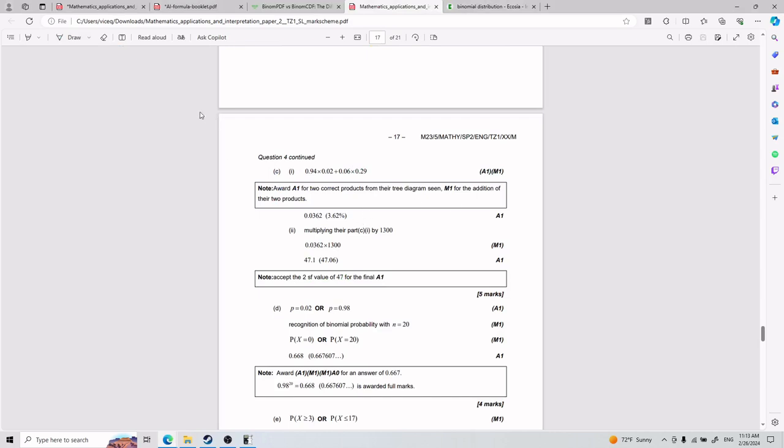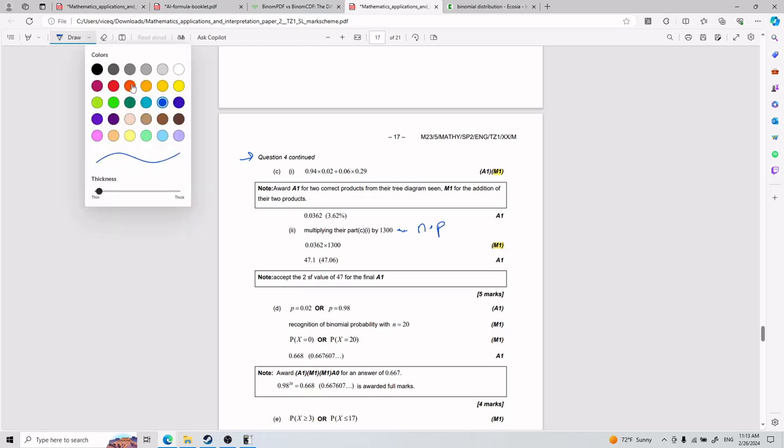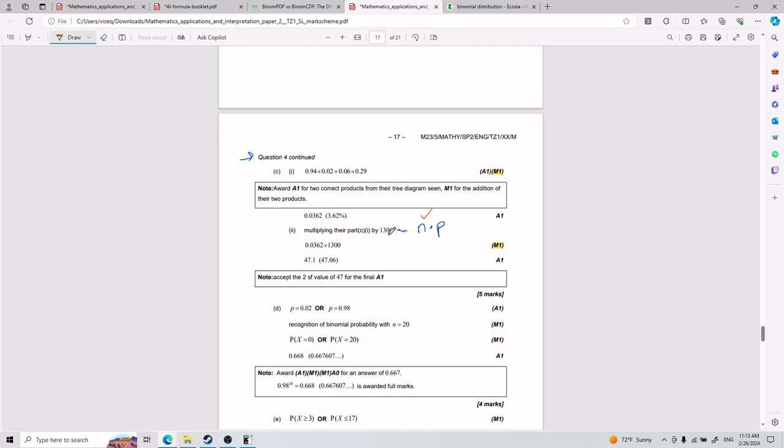Over here, as you can see, for question 4, the one we're looking at, you have endpoints here, cierto? What this means is that you can get method points for, right here, they're doing n times p. And basically, you get a method point if your n is correct, because they gave you 1,200, but your p is wrong.